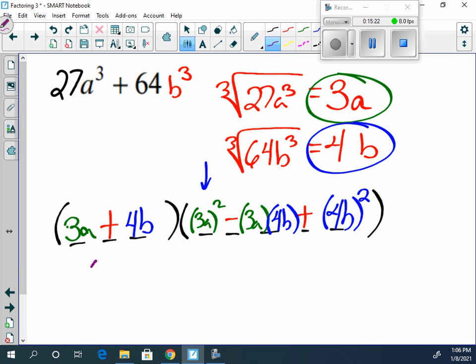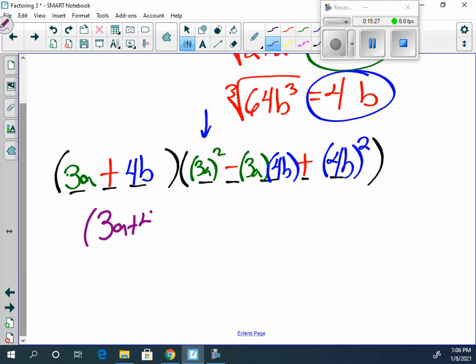So now we can just simplify. So we'd have 3a plus 4b times, well, 3a squared, 3 squared would give us 9a squared, minus 3 times 4 would be 12, and we would just have ab.